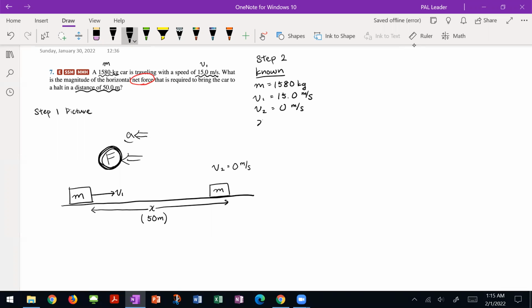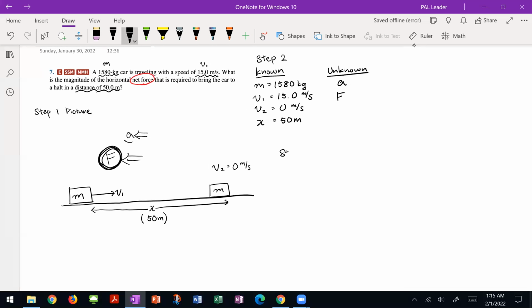We know the distance that we traveled. Is that it? We don't know the acceleration that was present to make us stop, and we don't know what the force was.